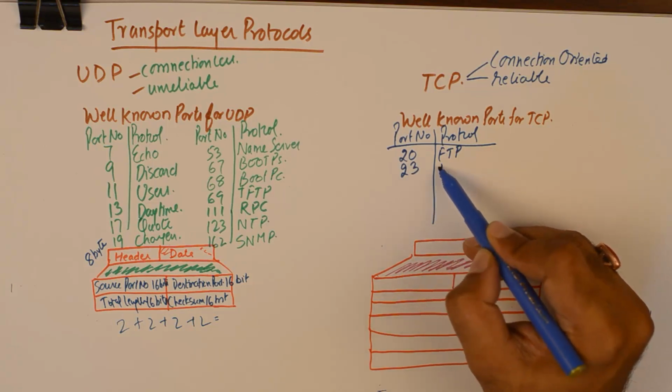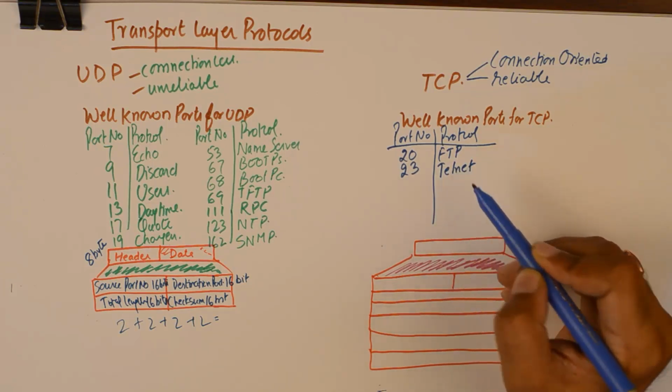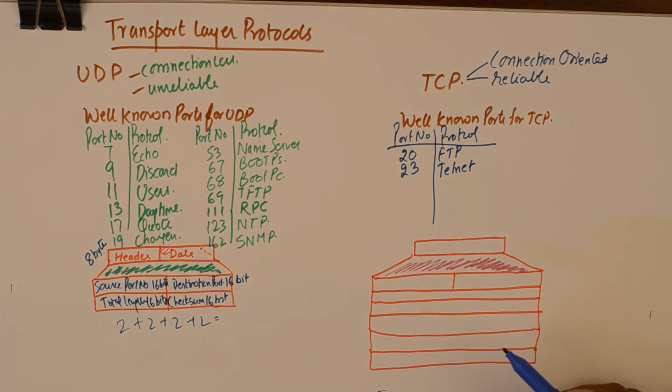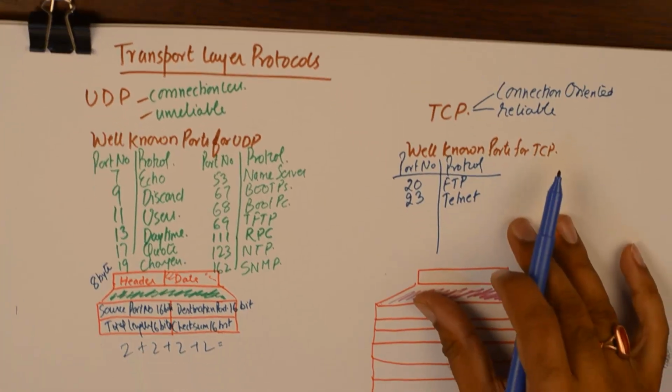23 is Telnet, Terminal Network. Telnet is used to monitor remote computers, so access through 23.